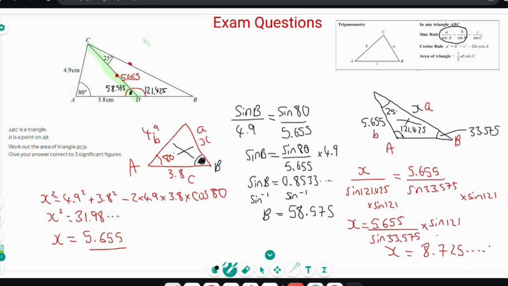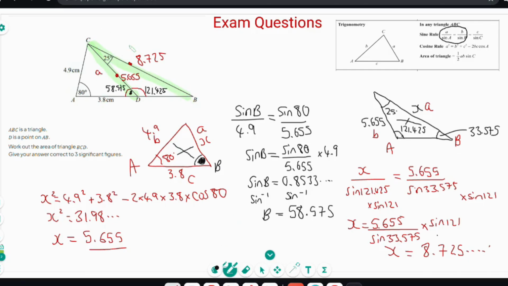Okay, so now we have enough information to do half AB sine C. Because if you see, we've got this angle sandwiched between those two lengths. Oh, great, that happens to be big C as well.